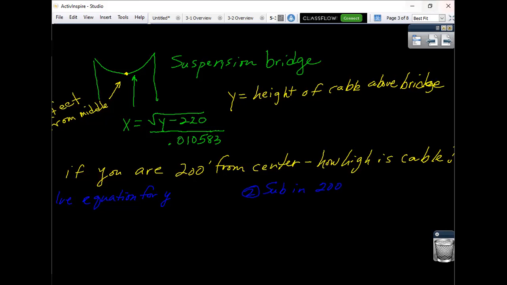But you see the equation of the cable on the bridge there. And y is the height of the cable above the bridge. The bridge is down below here. And x is usually how far you are from the middle of the bridge.